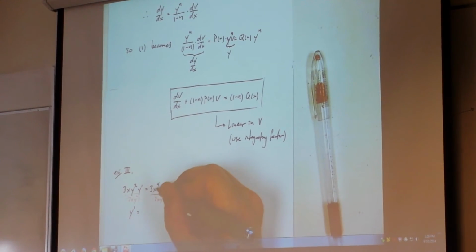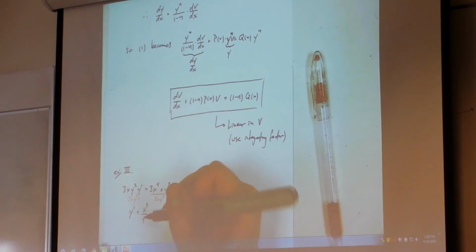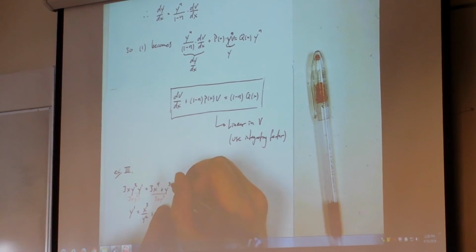The 3's will cancel out. I'll have x cubed over y squared, plus, the y's cancel out, leaving 1 up top. I got 1 y over 3x.